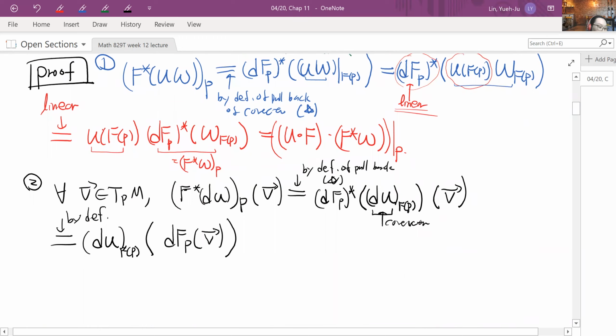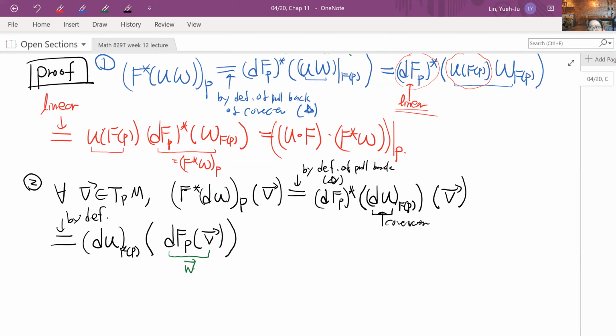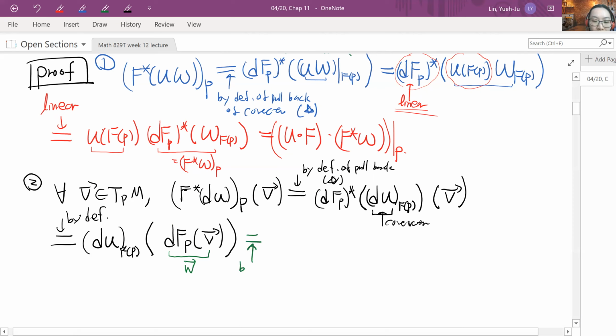Okay, so now at this point, it goes back to the definition of the differential du. If you treat this as some vector, let me call it w, then du of w will be w acting on u. This is by definition of the differential of u.